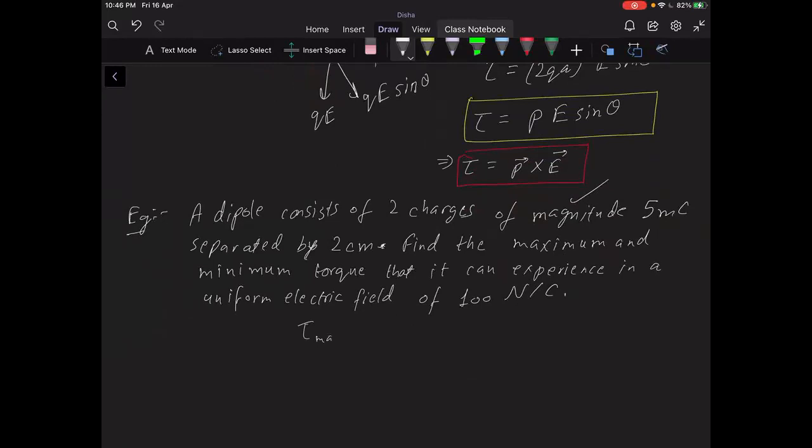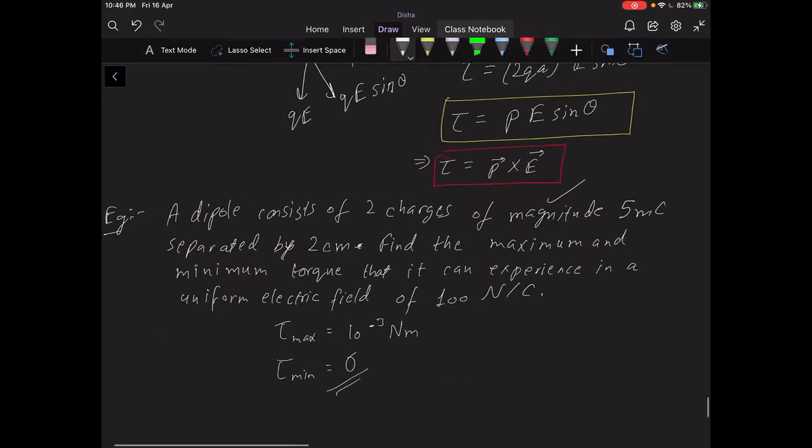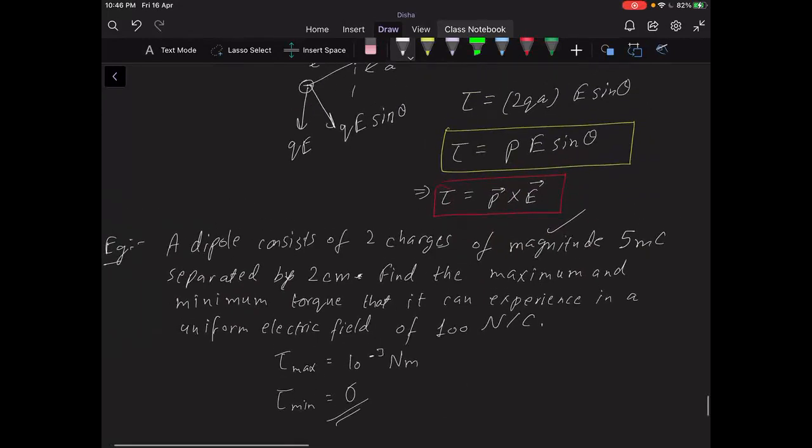Yeah, maximum 10 power minus 3. What's the unit for torque? Newton meter, very good. Okay, what about minimum? Minimum 0. Good. Sine 0 is 0. So 0.